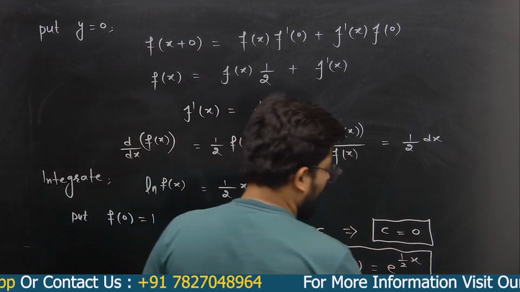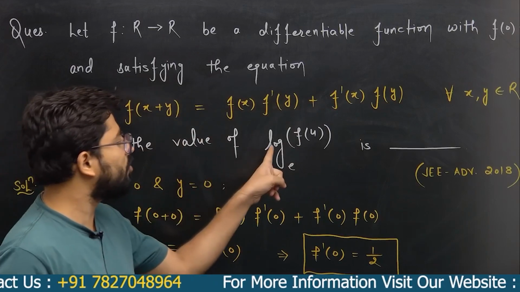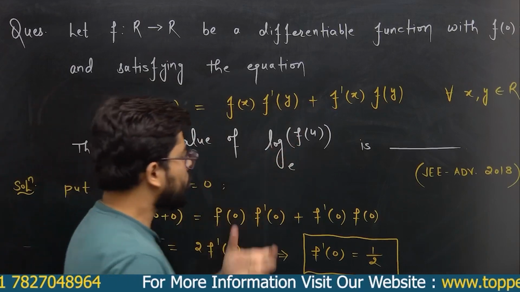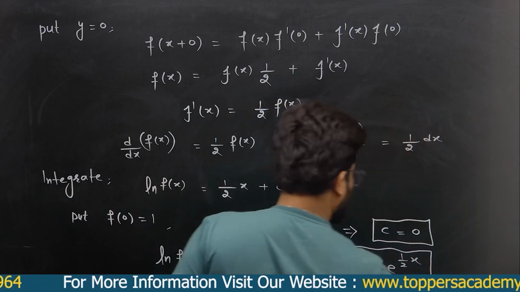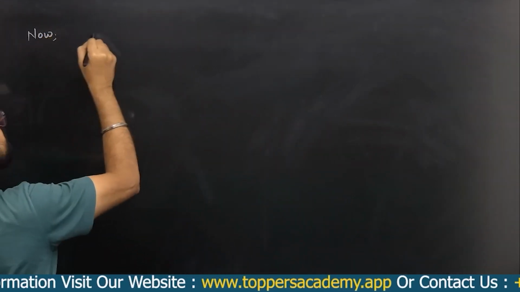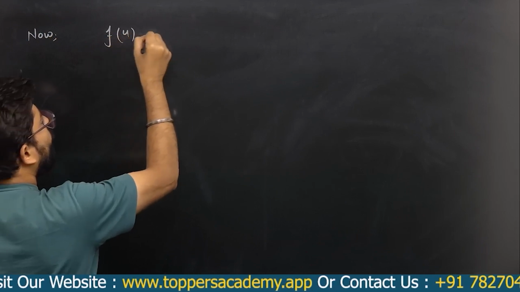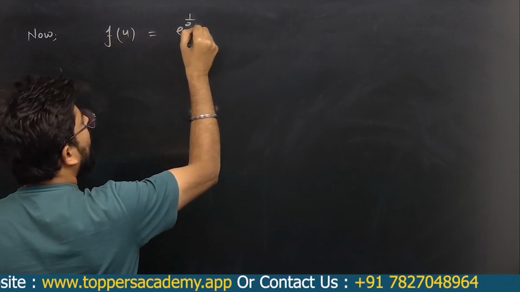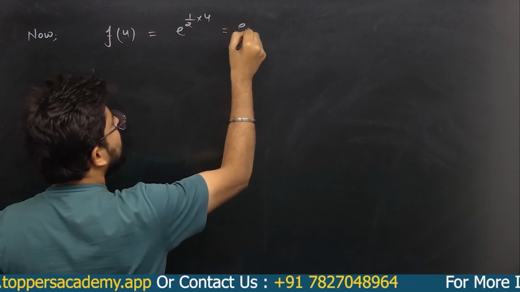Now if you observe your question, you have to find the value of log f of 4 to the base e. So it means find the value of f of 4. So f of 4 is equal to e power half into 4, that is e square.